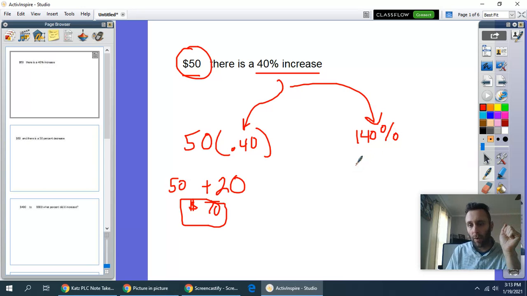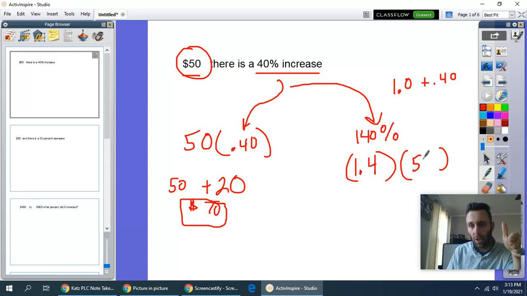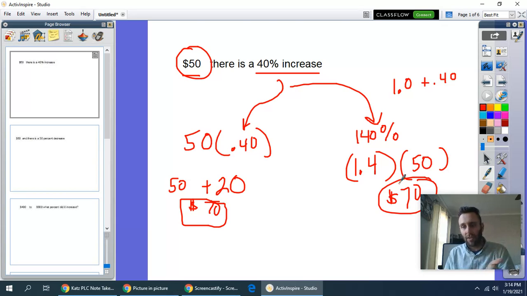And 140% is the decimal 1.4, because remember 100% is the decimal 1, 40% is 0.40, and that's how you get 1.4. If you multiply 1.4 times the total, you get right to $70 right away. So notice in the first way, you had to find 40% and then still add it on. But if you add it on in the beginning, you get the same answer.